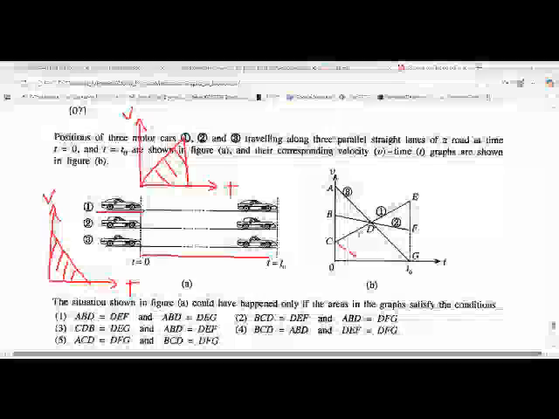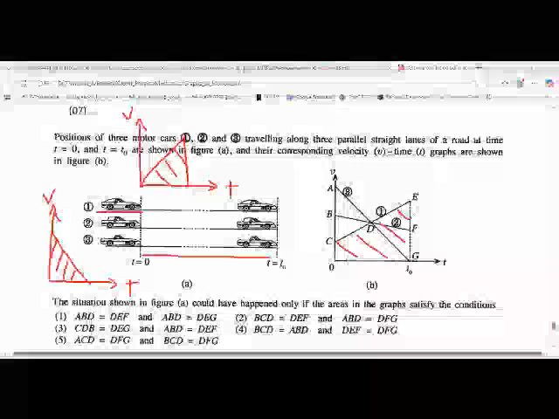This area is this one, OCEG, a trapezium. The OCEG trapezium represents the displacement of car 1, the first car.